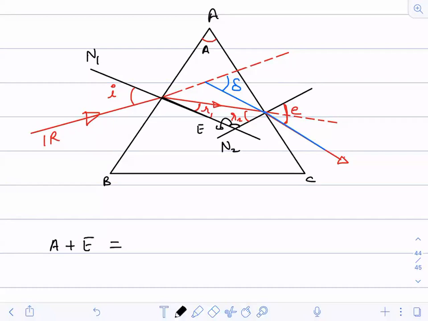It is 180, not 90. Two angles which are opposite to each other in a quadrilateral, their sum is equal to 180. So if I calculate the value of E, E will be 180 minus A. Let us assume this as our equation number 1.